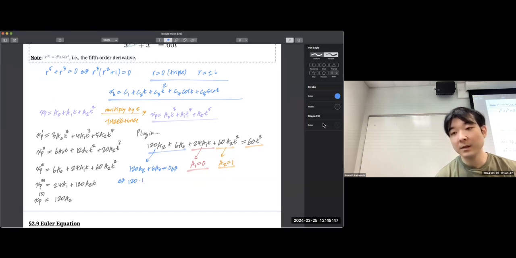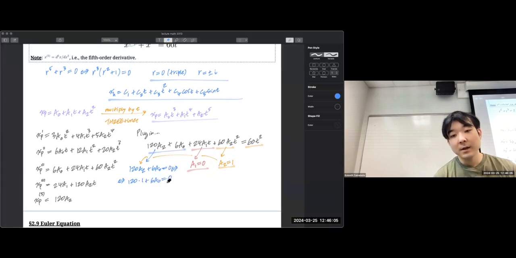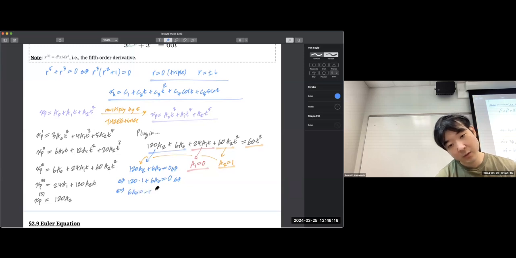This gets added with 6 A naught, which has to equal 0. So you're going to subtract 120, and then divide by 6. 6 A naught is equal to negative 120, which just means that your A naught is going to equal negative 20.